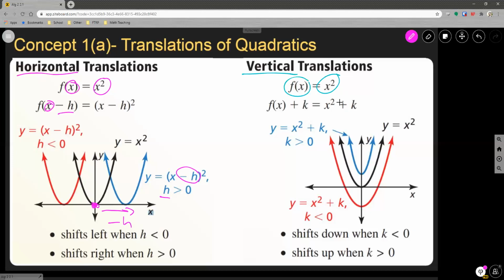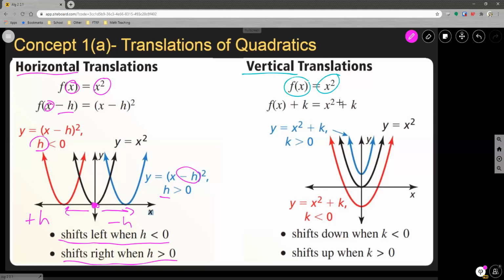If I'm going to move to the left, that means my h value is less than 0. Well, if I'm subtracting something that's negative, it becomes a positive. So if I'm moving to the left, I'm actually adding an h value. And that's described down here as well. It shifts left when h is less than 0. It shifts right when h is greater than 0.